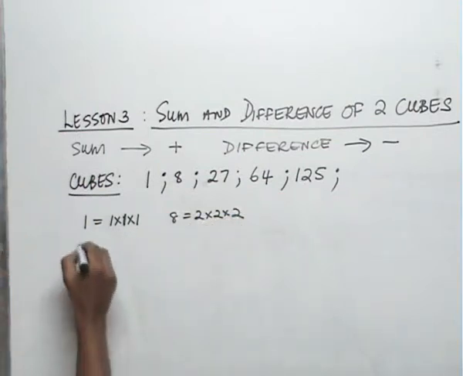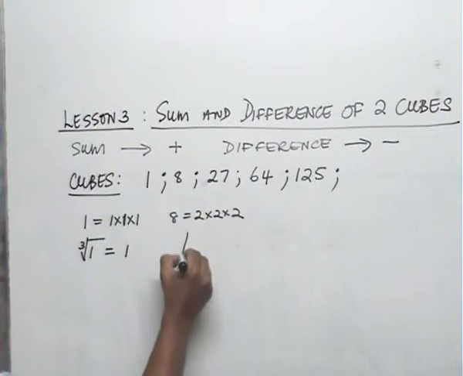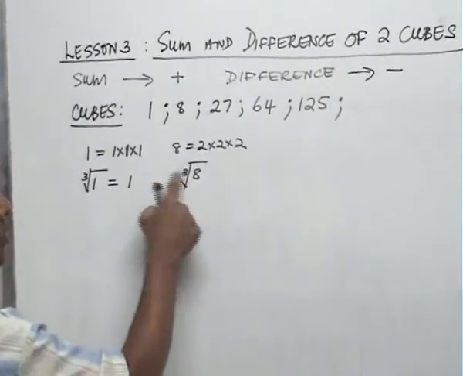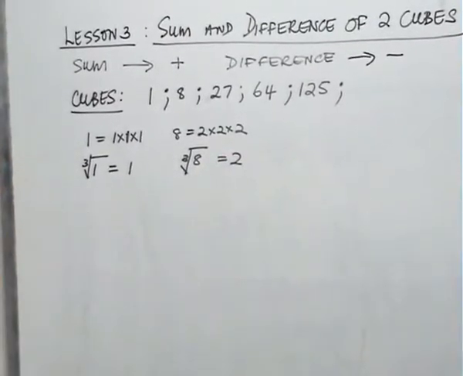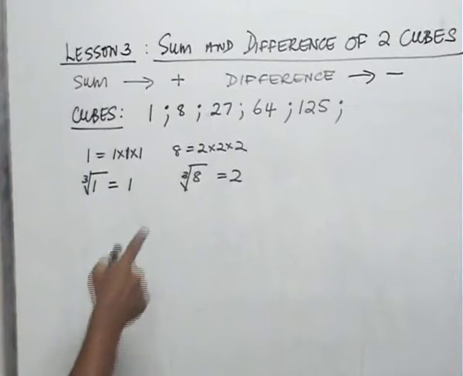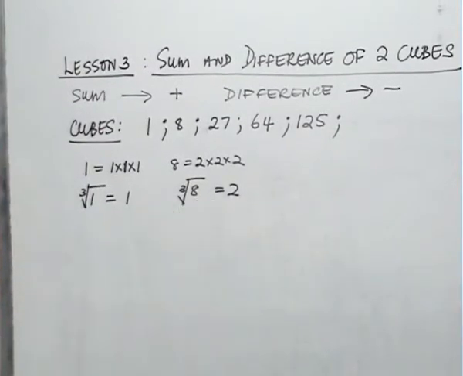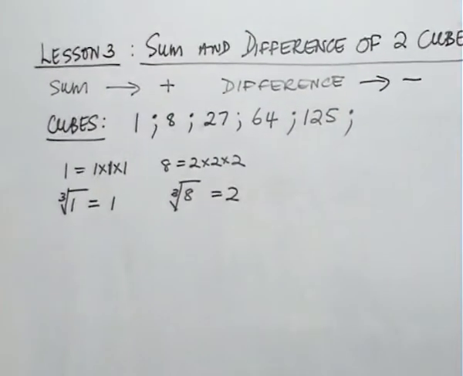And to explain it another way, if I find the cube root of 1, I'll get exactly 1. If I find the cube root of 8, I'll get exactly 2. Now use the calculator to help you. Some calculators got a cube root sign, so you just say cube root of 8 and you'll get your 2. Some calculators don't have the cube root sign.